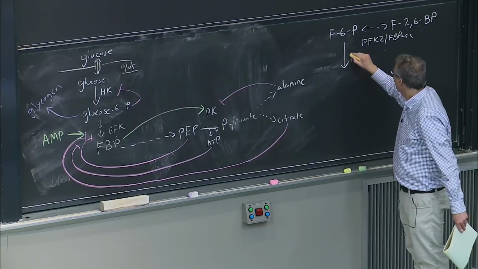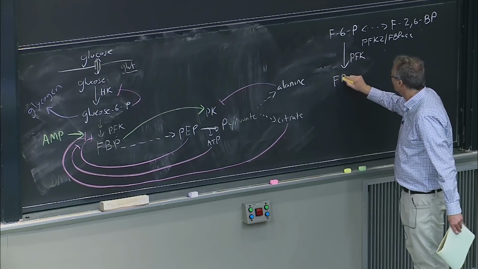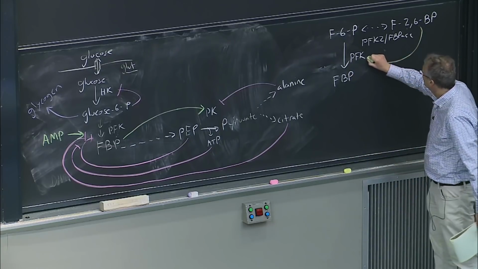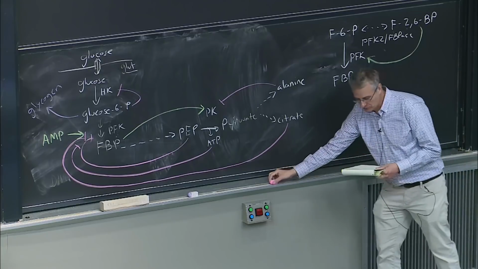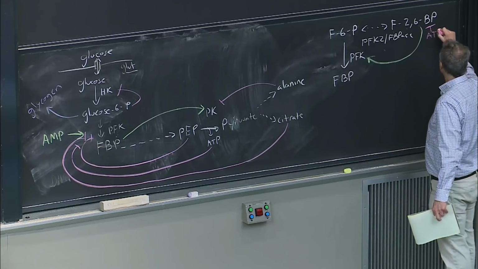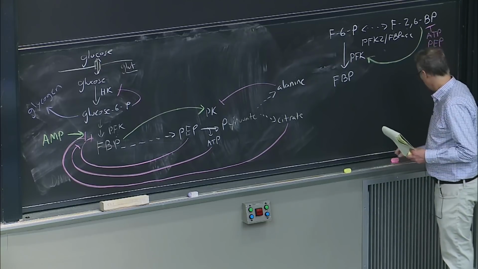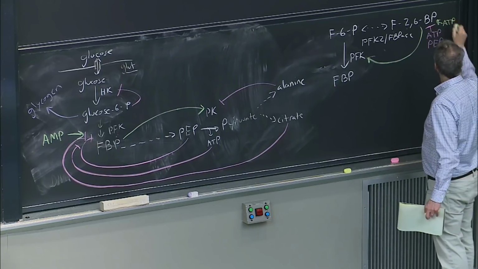It turns out that PFK in glycolysis, which of course generates FBP, is positively regulated by fructose 2,6-bisphosphate, and the production of fructose 2,6-bisphosphate is something that can be inhibited by ATP, inhibited by phosphoenolpyruvate, and activated by AMP.